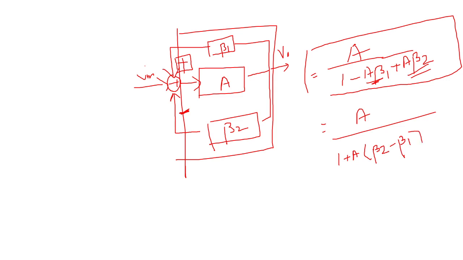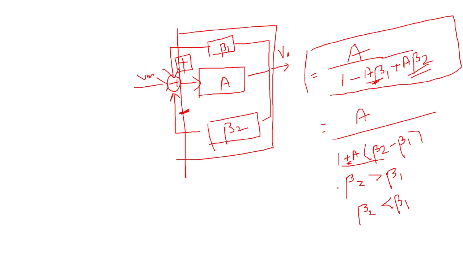If beta 2 is greater than beta 1, the denominator will be 1 plus, the polarity will be plus, so it is negative feedback. If beta 2 is less than beta 1, it will be minus, so it will be positive feedback. So if an amplifier has both positive and negative feedback, we just need to find which feedback factor is higher.